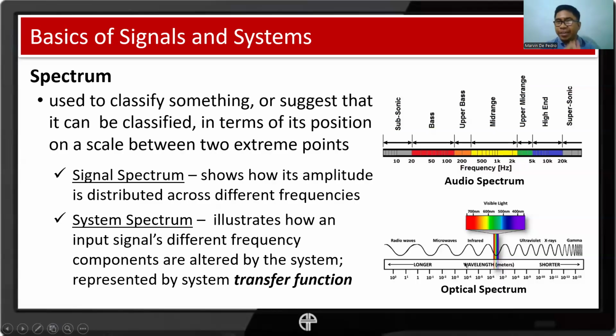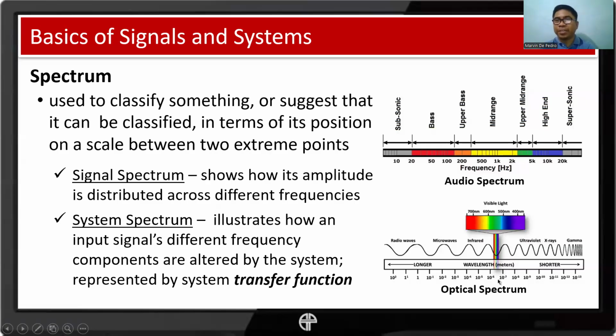The entire electromagnetic spectrum has a lot of portions. We can divide that into different subspectrums, like the optical spectrum. From the lowest frequency up to the highest frequency, the ones that the human eyes can see are within this range only, and this range is what we call the optical spectrum.